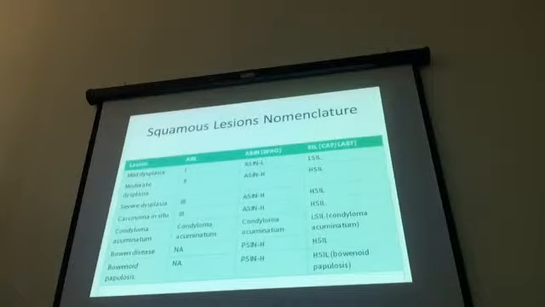The cervix, the vagina, the perineum, the anus, all get this similar type of terminology. And that helps to standardize treatment. It also helps us to think in terms of cause and effect, because clearly many of these diseases are directly related to HPV types of viruses, and the same kinds of risk factors will be associated with that.